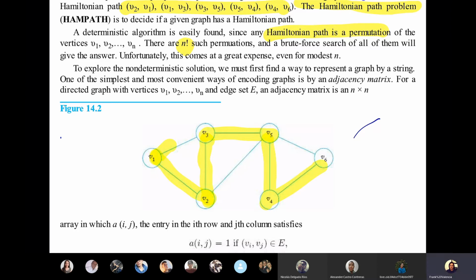And that's good because, remember, a non-deterministic machine accepts when there is a path to the acceptance, and it rejects when there is no path that accepts. Is that clear or are you confused?